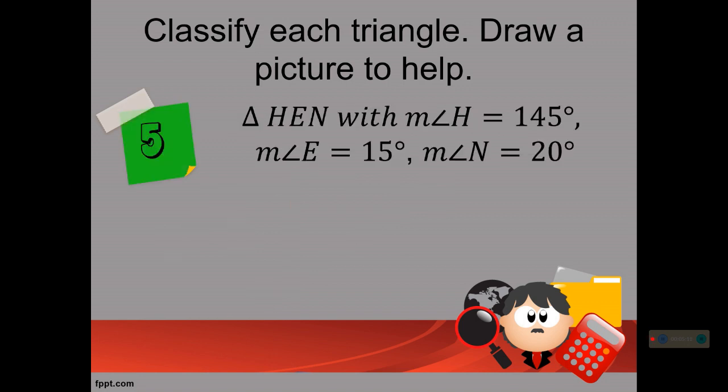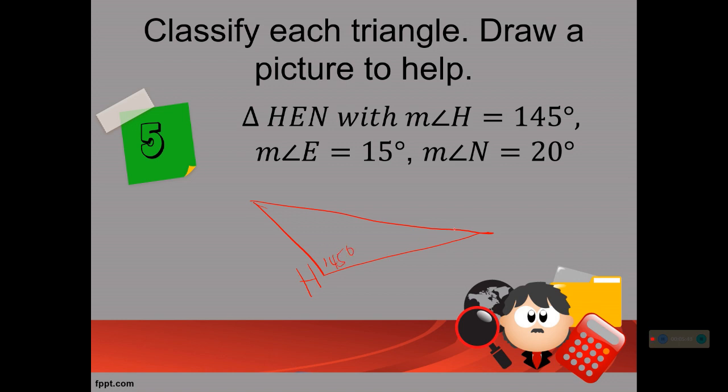How about this last question? Triangle HEN with the measure of angle H is 145 degrees, the measure of angle E is 15 degrees, and the measure of angle N is 20 degrees. For example, H is here, which is 145 degrees.